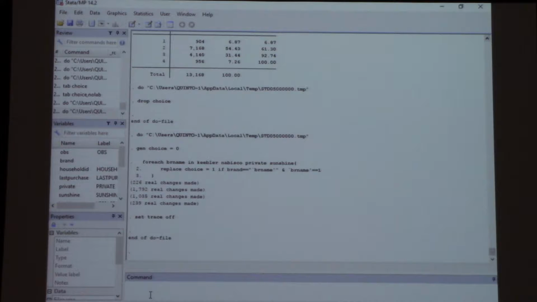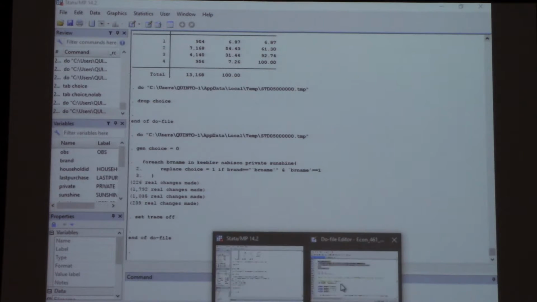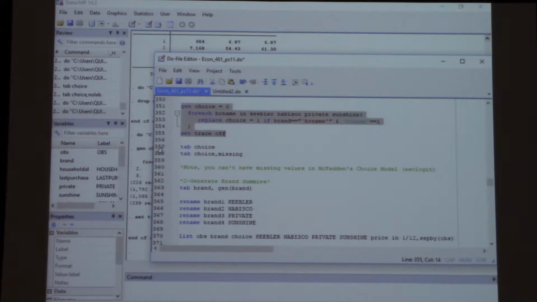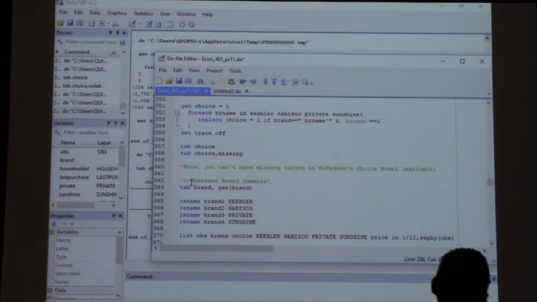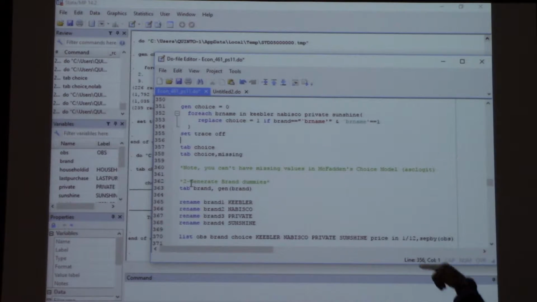Now, if we do that, we should be able to tab choice. It's a little squiggly thing in your default. That's the group. It's going to construct that as soon as you type that bracket pointing that way.